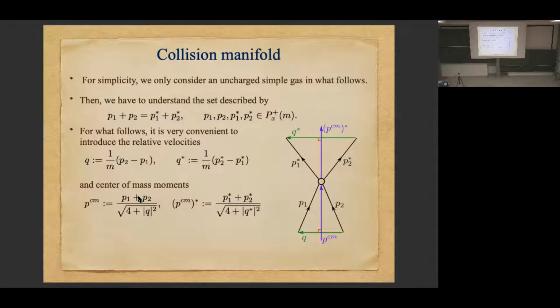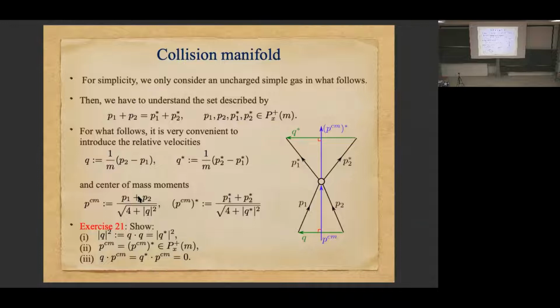And this again you can define before and after the collision, but that's the first exercise of this part. Show that these relative velocities have the same magnitude. That implies that the center of mass momentum before and after the collision is the same, so you can show that this is a correct normalization. Furthermore, you can show that Q and Q star are orthogonal to P_CM.